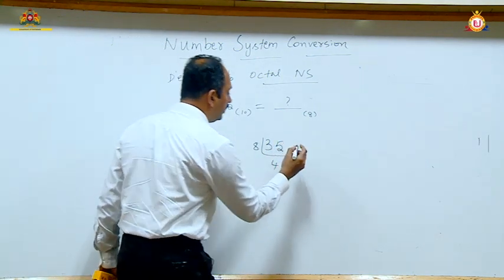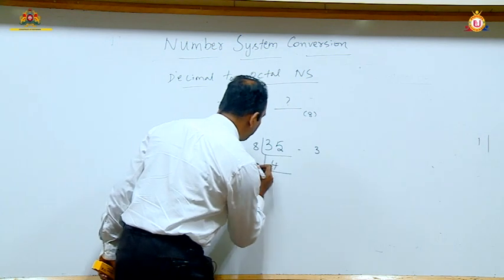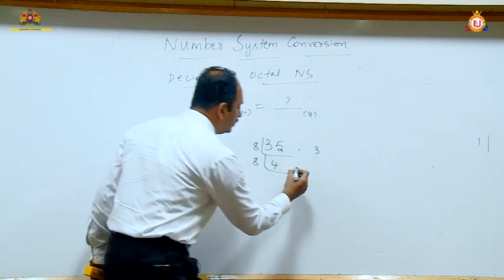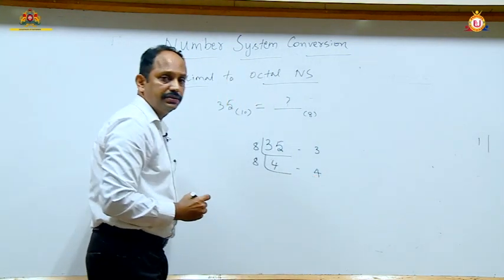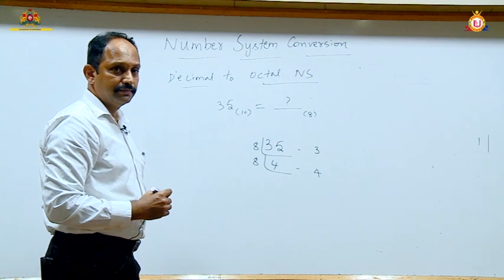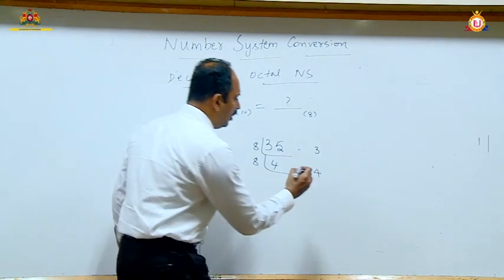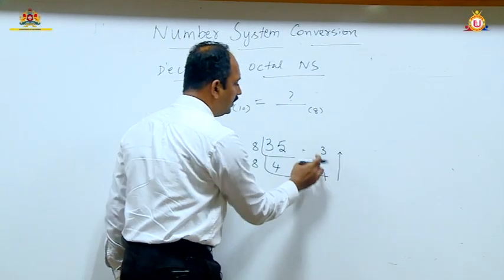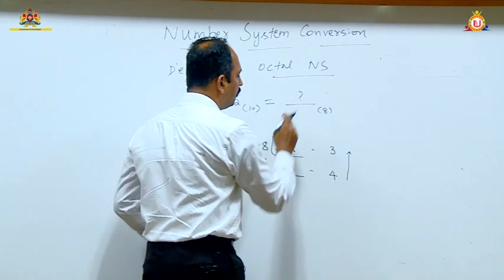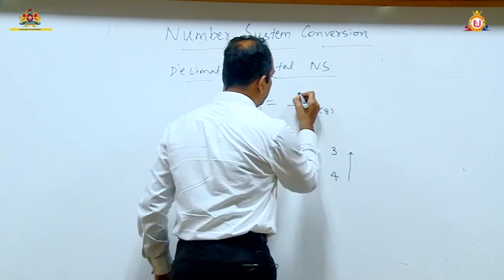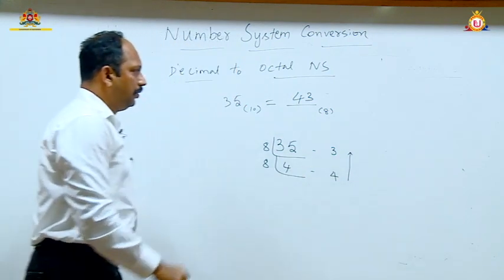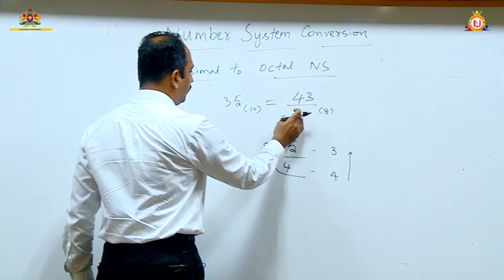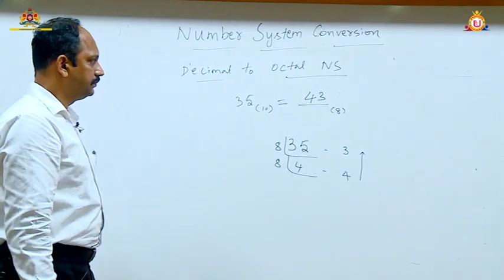The difference between 35 and 32 is 3. Then 4 cannot be divided by 8, so the remainder 4 is carried as it is. Now here also we have to start writing from bottom to top. It is not 34 but 43, 4 and 3. So this is the octal equivalent of the decimal 35.